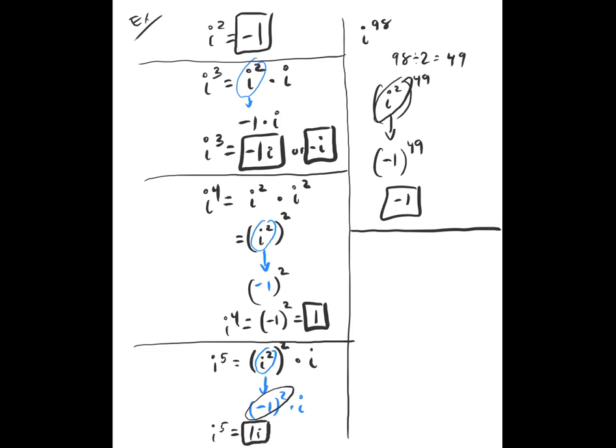No. And how about one last one? How about i to the power of 1,237? So the same idea, right? We're going to divide it by 2.